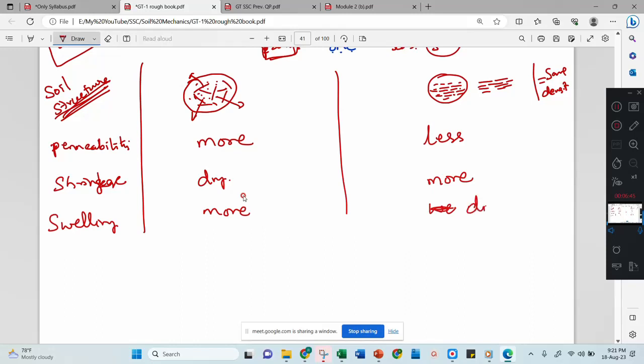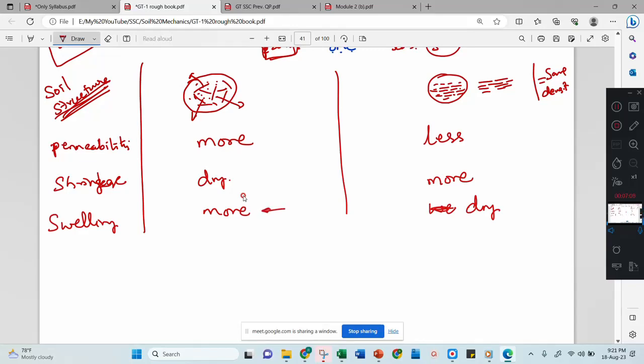But this is not easy to digest, because you don't think like I am adding water, therefore it is swelling. No. For a particular water content, you have to think. When the soil is dry with a small moisture content, then it can swell more.